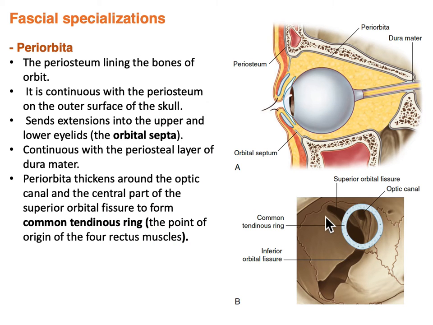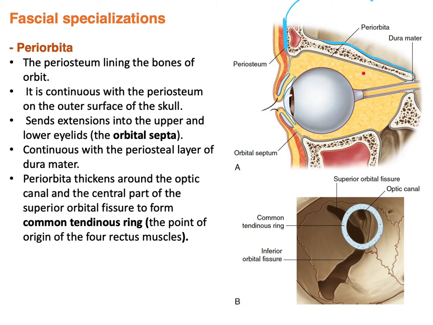Okay, now it's good to know how the orbit, or this cavity in the face on the skull, is lined. First of all, you know the periosteum that covers the skull anteriorly and around the skull, and what we call the periosteal layer of the dura.